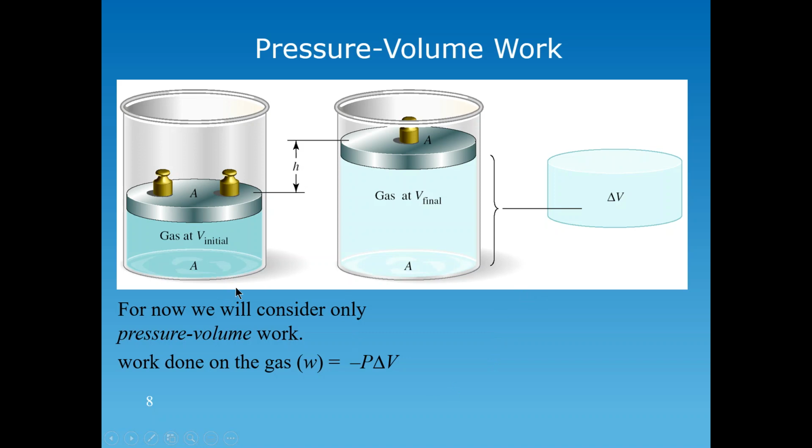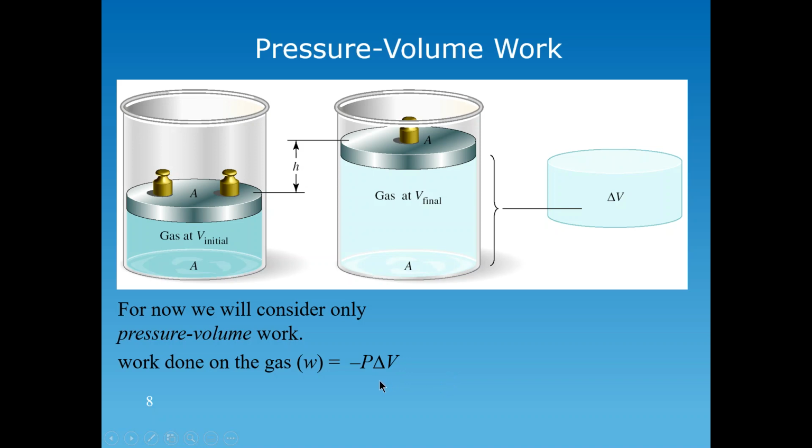So, as I said before, as the gas expands, it is doing work against the surroundings. So therefore, the energy flow would be from the system to the surroundings as the gas expands. And therefore, the value of work will be negative in this case. So the work done on the gas would be minus P times the change in volume, delta V, right?